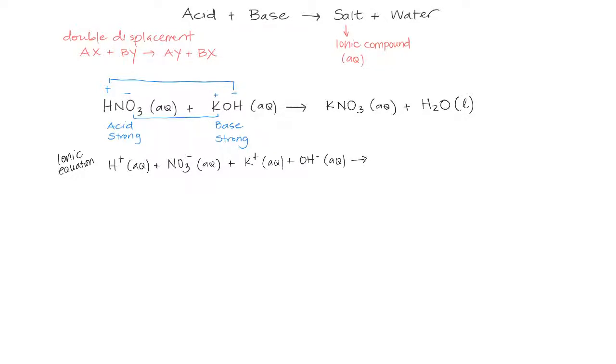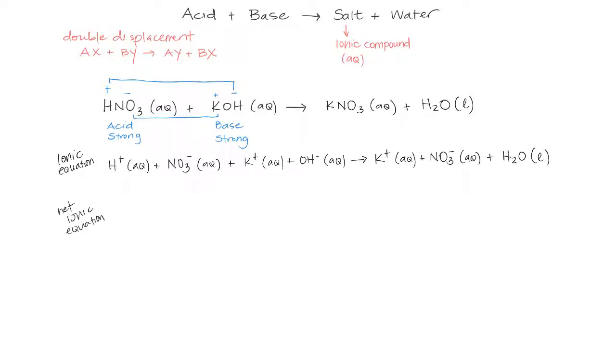We know that soluble ionic compounds in aqueous solution will also dissociate, and so we have K+ and nitrate from the potassium nitrate. And liquids don't dissociate, so we'll leave our water as is.